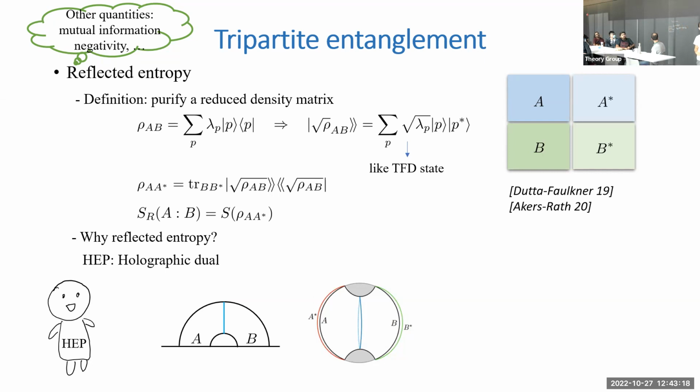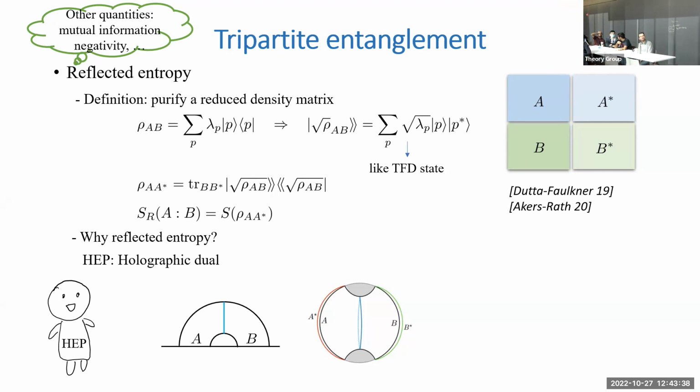And the one here is the so-called canonical purification, in the sense that A star has the same size as A and B star has the same size as B.